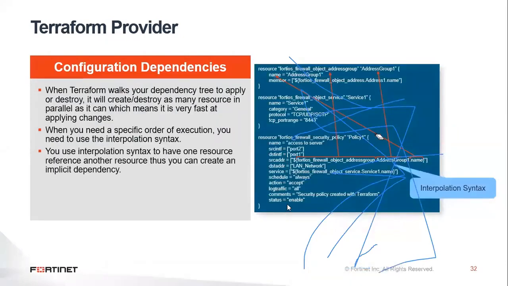When creating a resource within the Terraform script, we can specify the order in which they are created by referencing each other throughout the script using the syntax. In this example, we can see the address group 1 object being referred to by the policy 1 firewall policy.